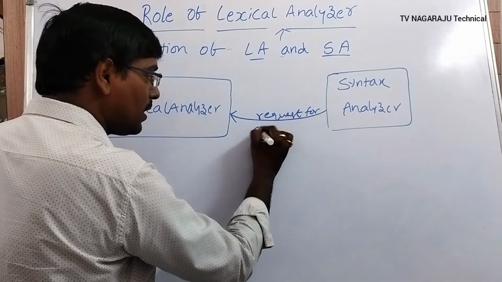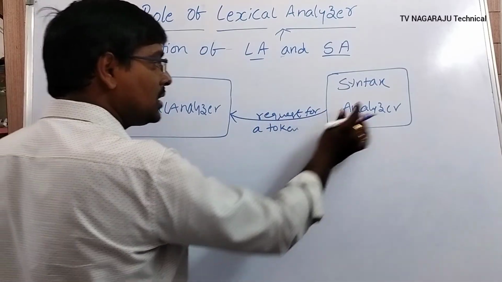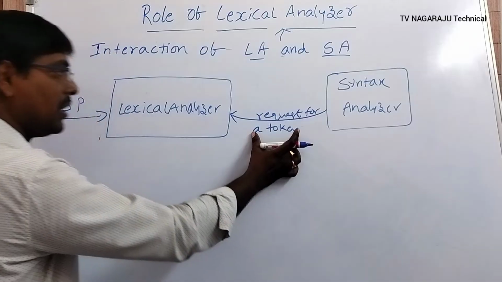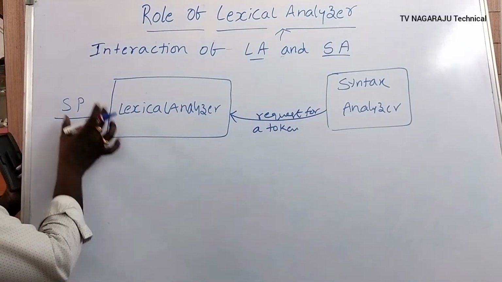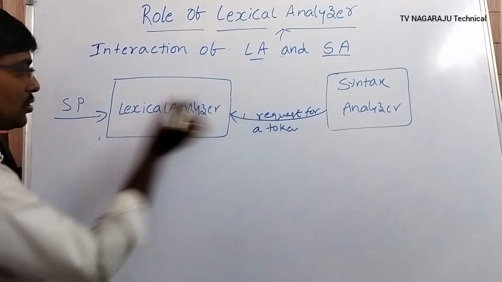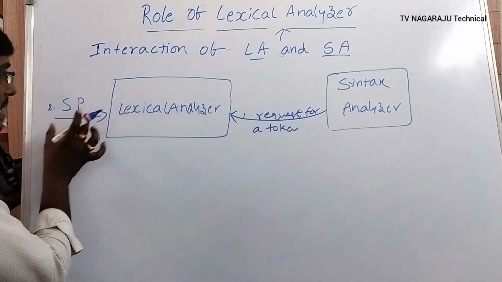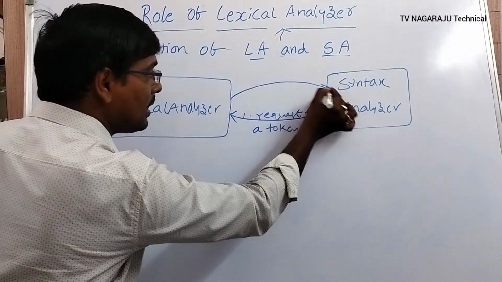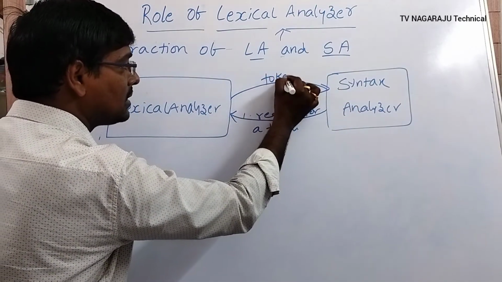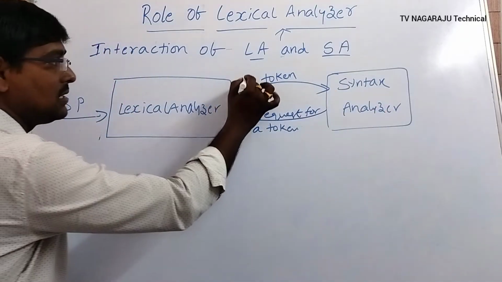This is the first step. Whenever the syntax analyzer requests a token, the lexical analyzer reads the source program and generates the token. The generated token is given to the syntax analyzer. This is the third step.